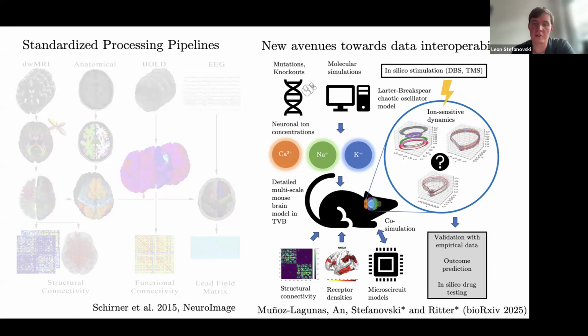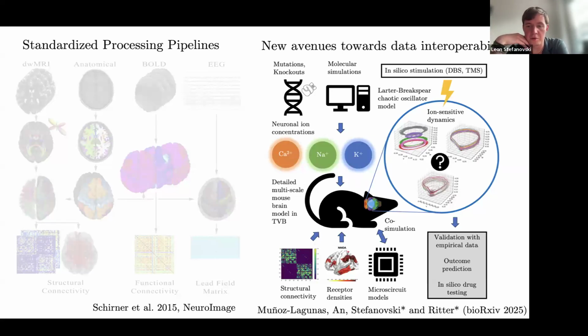And this is, of course, very interesting because there we are then so small on a molecular scale where we can link it to things like genetic data, like when we have knockout models in mice that are related to particular ion channels.